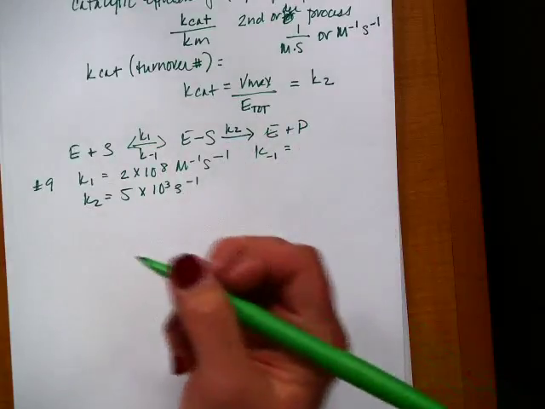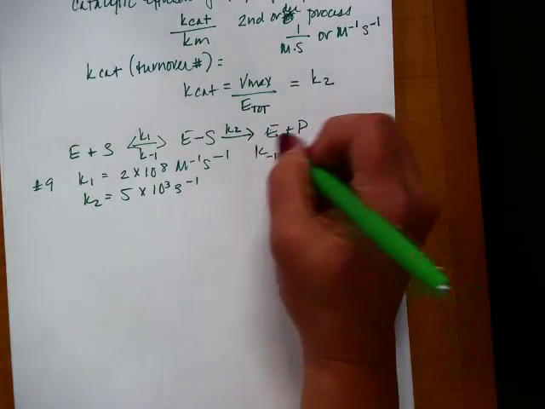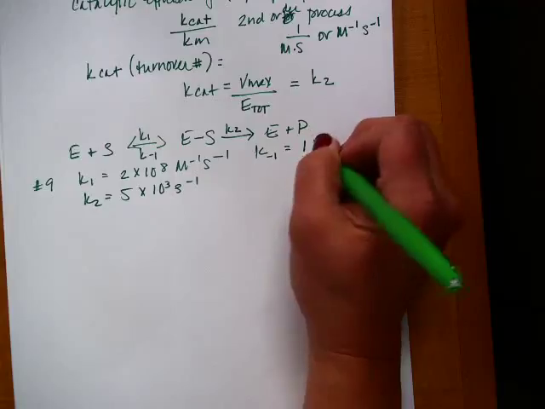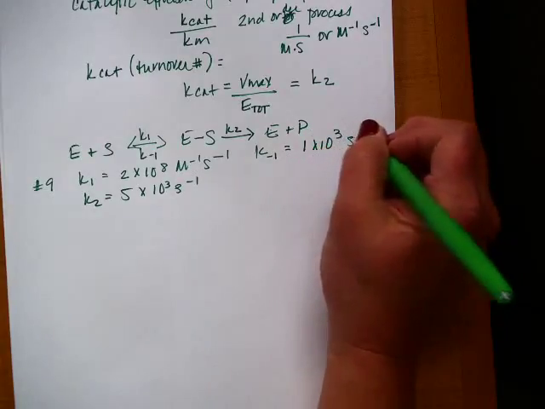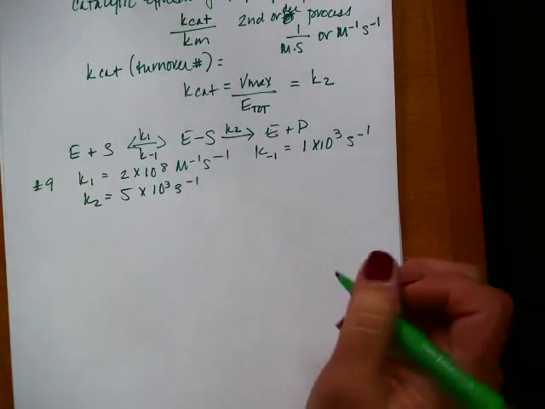Sometimes you might see those as k subscript F for forward, k subscript R for reverse. Your text uses the 1 and -1. And that's 1 times 10 to the 3rd. They don't use very good sig figs.